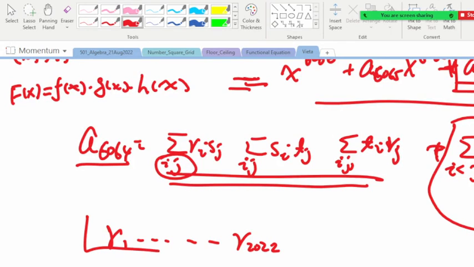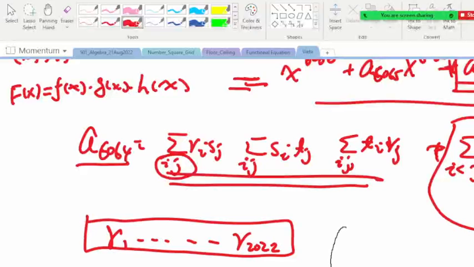So basically the structure is any product between one of the r against one of the s, one of the r against one of the t, one of the s and one of the t, and the product inside r and r, inside s and s, and inside t and t.